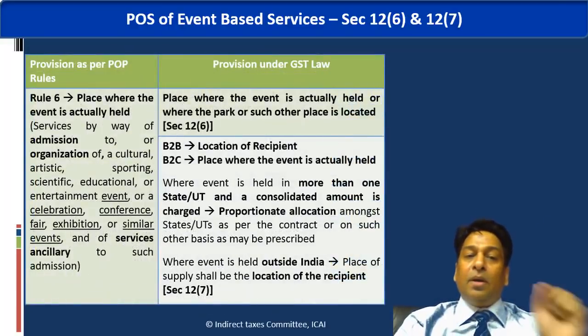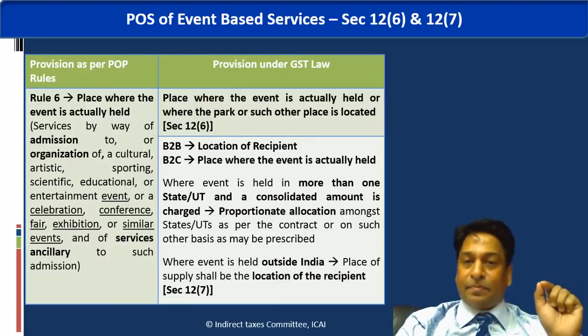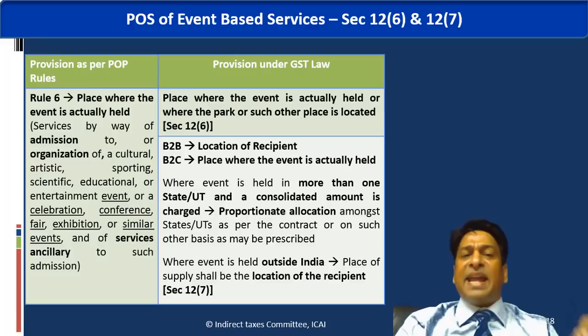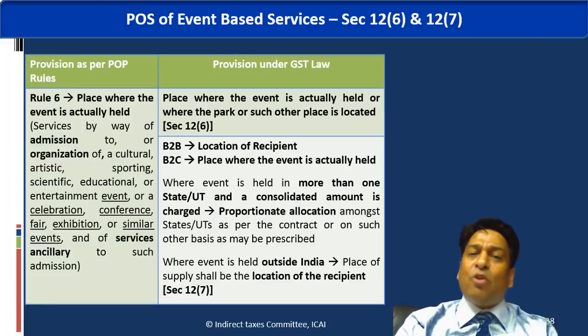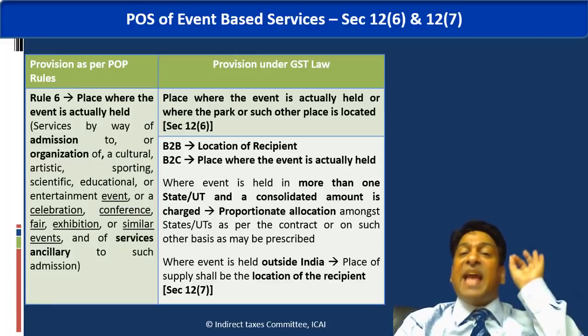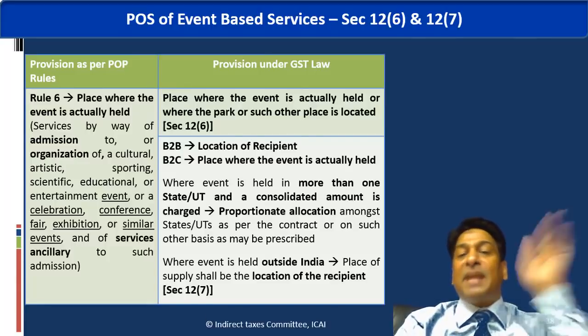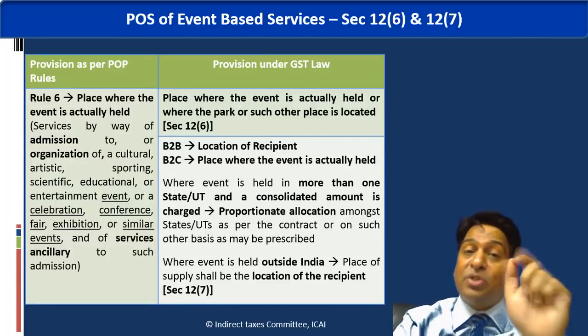For 12.6, the admission provision says the place of supply would be where the event is actually held, or where the park or such other place is located, for admission to it.